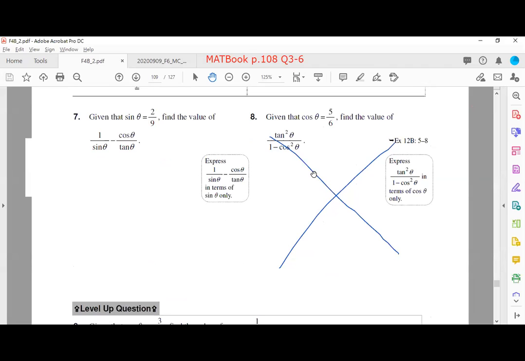Okay, I think 7 and 8 will be not difficult at all. Okay, so can you try to do question number 7 and number 8 first? And then I give you 5 minutes. I will talk about these 2 questions in 5 minutes. So classwork.